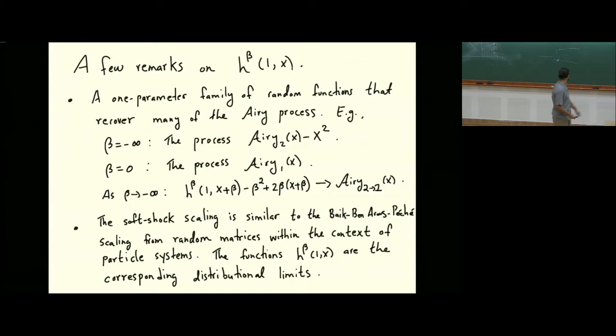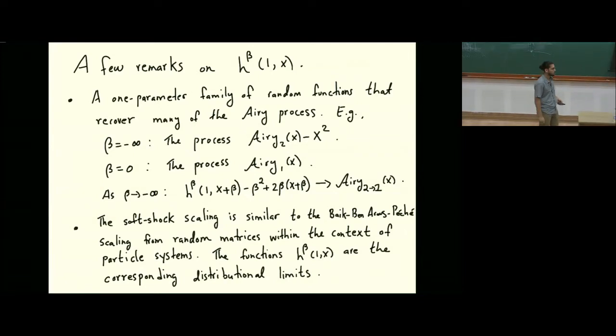If you think of this soft shock, what it is doing is taking a flat initial data. Just to be very precise about what I mean here, with soft shock, you're taking a flat initial data and doing a very tiny perturbation. And you're understanding what is happening in this regime where you do the perturbation. In that sense, it's very similar to this kind of Baik-Ben Arous-Péché type thing. All right? Any questions? Okay.